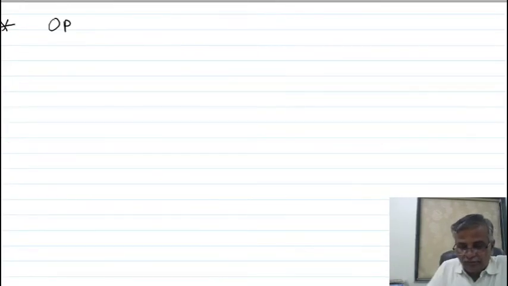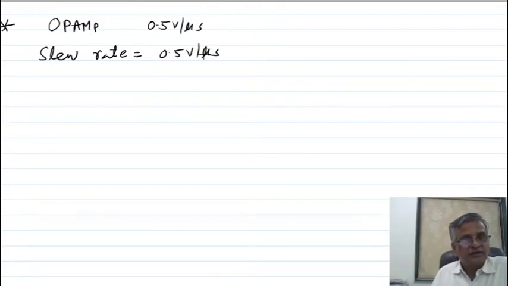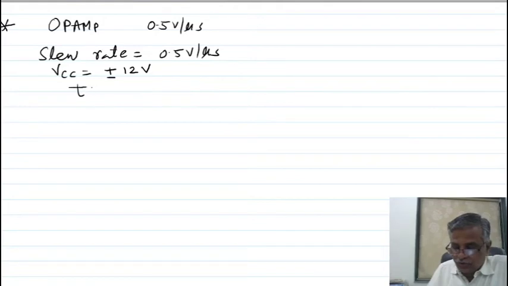Suppose one op-amp has a slew rate of 0.5 volt per microsecond. This is called slew rate. Already you know what slew rate is. The slew rate is 0.5 volt per microsecond. Then how much time is taken by the output to change from minus VCC to plus VCC?